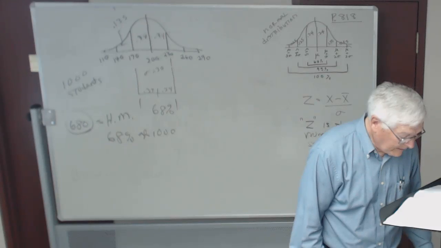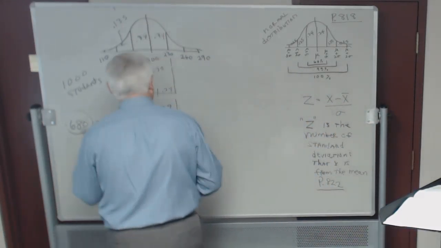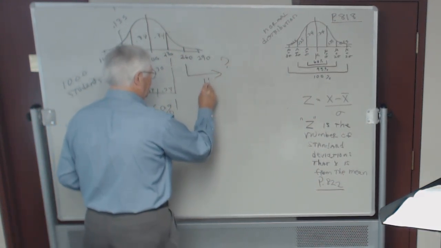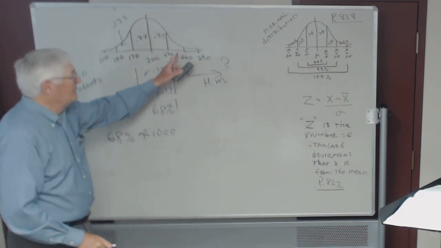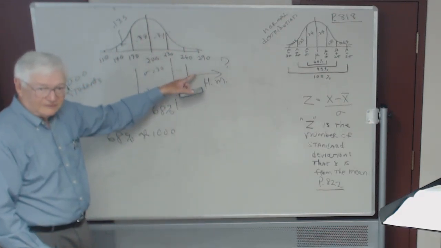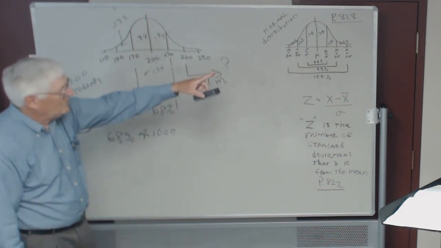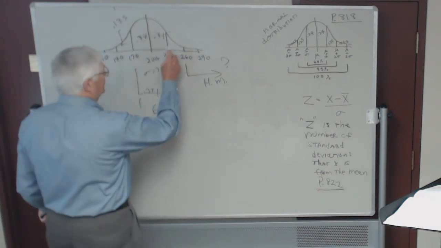How many are expected to score above 260? And it says how many. So the first thing I say is, what percent will score above 260? And what's the answer to that? 0.34.